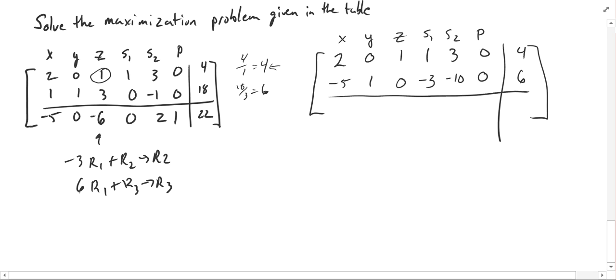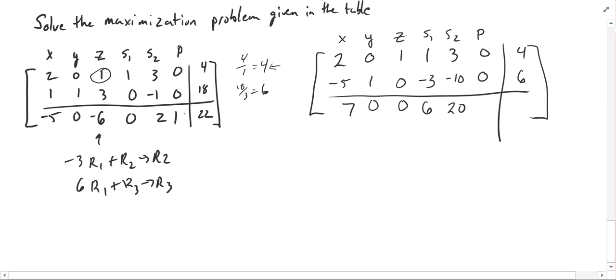And then our second operation, 6 times row 1 plus row 3. 6 times 2 is 12, plus -5 gives us 7. 6 times 0 plus 0 is 0. 6 times 1 plus -6 is 0. 6 times 1 plus 0 is 6. 6 times 3 is 18. 18 plus 2 makes 20.